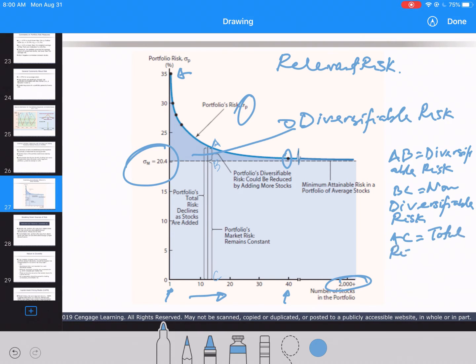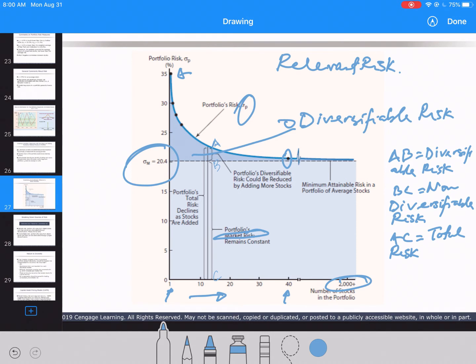You need to be paid only for the relevant risk, which is BC. Non-diversifiable risk is also known as market risk. That is, you cannot diversify away market risk. So what is it that we are looking for? How much should I be paid to hold this stock?